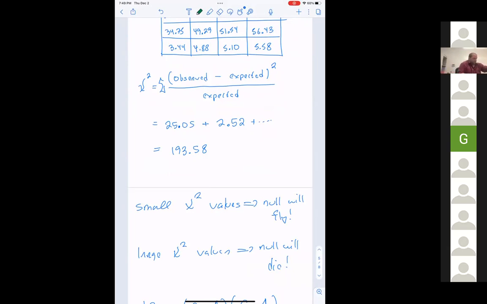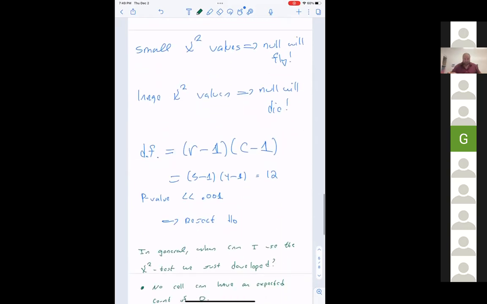For the chi-square, it gives you 193.54. Which is essentially what we had from the book, right? Yeah. And what is your degrees of freedom? 12, which is what we got as well. And what's your p-value?